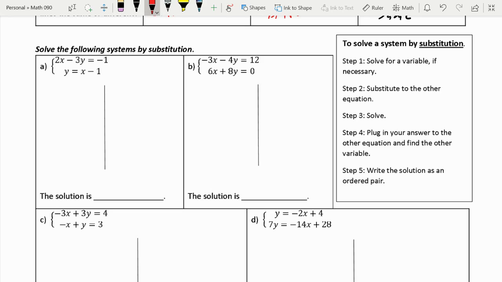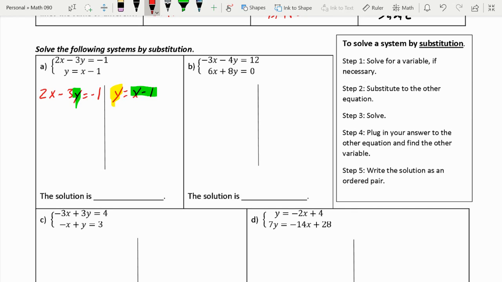You see they gave us this little goofy line here. Separate the problem just like I did up above, separate those two equations. Since I already have this variable by itself, I'm going to take x minus 1, since y equals x minus 1, and plug it in for y.